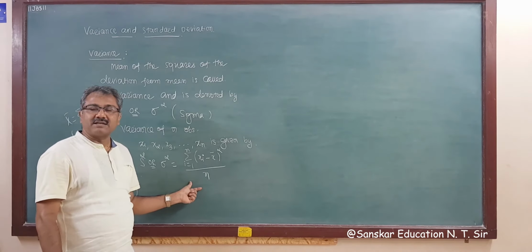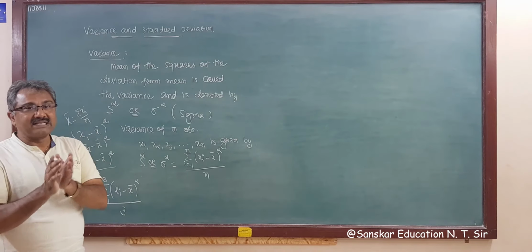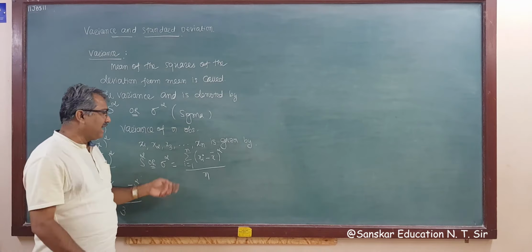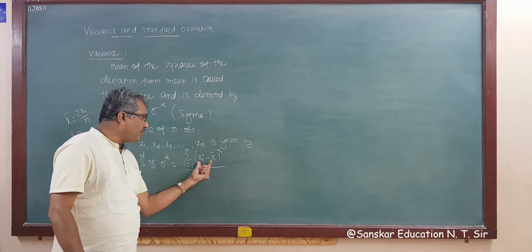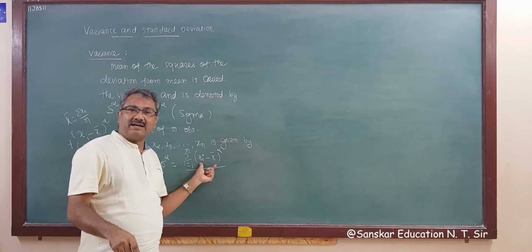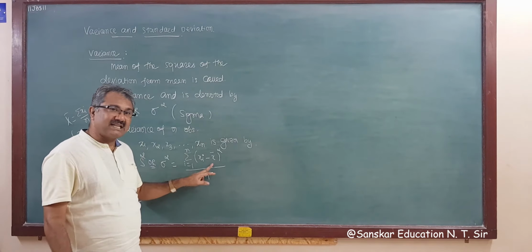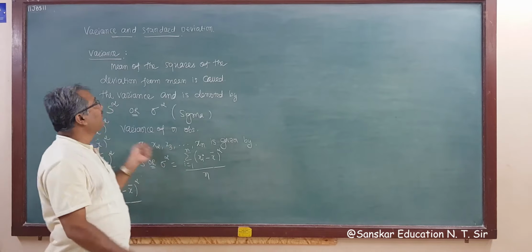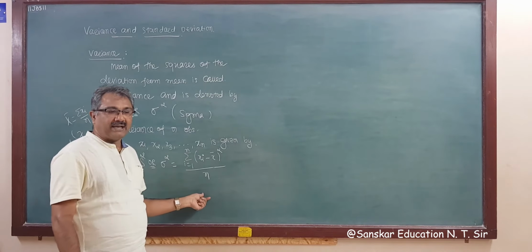It is the same form as the formula for mean deviation, but there you have only the modulus of xi minus x bar. So in mean deviation you have sigma of the modulus of xi minus x bar upon n, and for variance the formula is sigma xi minus x bar whole square upon n, right?